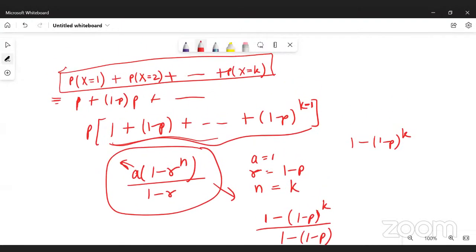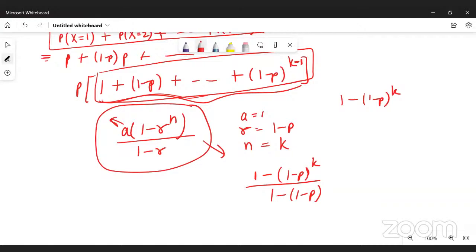This is the probability of getting the first success within the first K trials. Yeah.